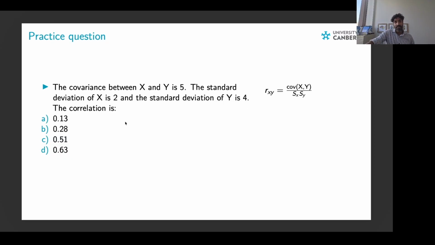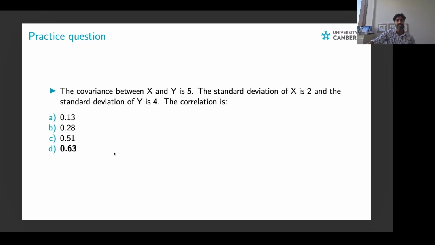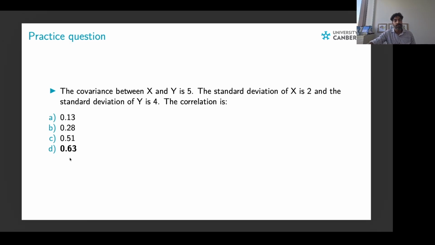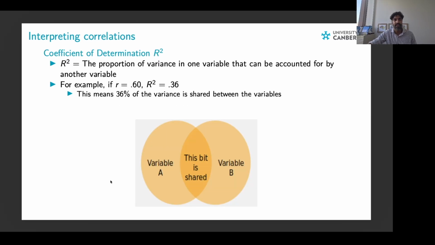So 5 divided by 8 gives you 0.63. All right, excellent. So this is the correlation. Once you have the correlations, you can compare these two. So you can say this is 0.2, this is 0.63, so this correlation is larger than the other one, or the size of the effect is larger.